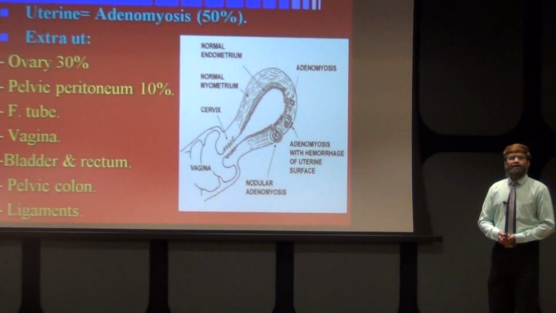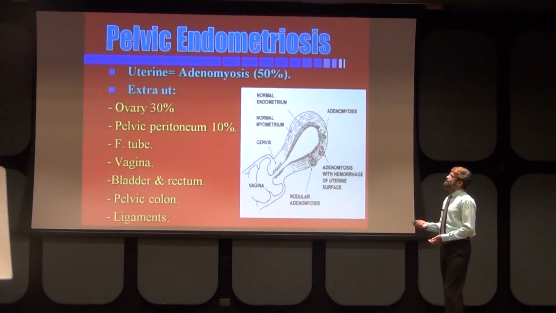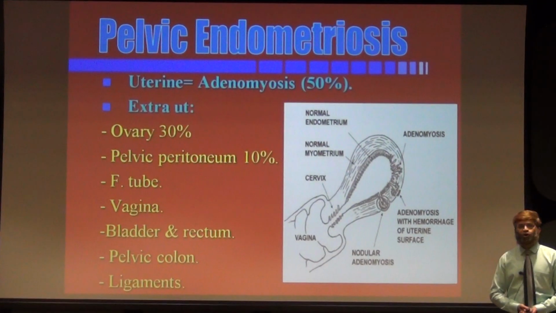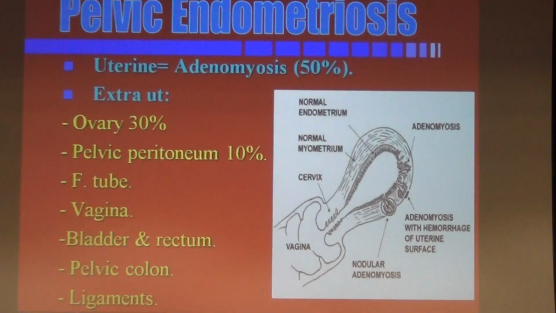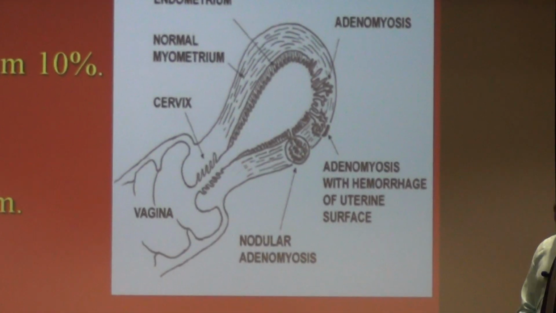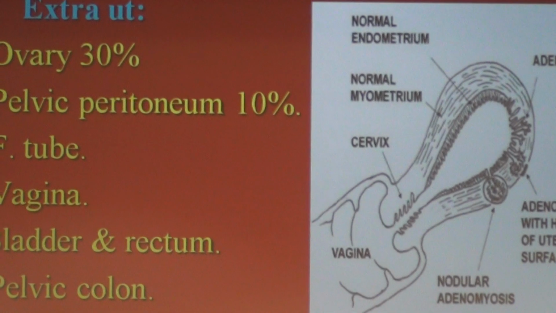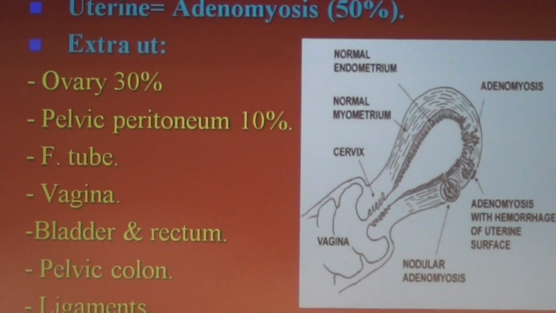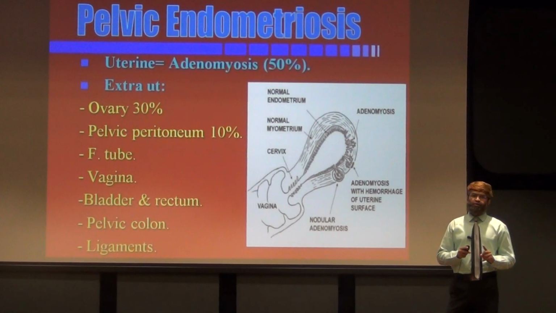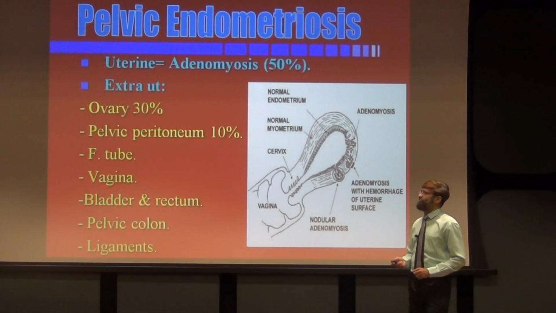Next, if it's endometriosis interna: in pelvic endometriosis, endometriosis interna is called adenomyosis. Now what is adenomyosis? Adenomyosis, as the name suggests, is endometriosis interna in the uterine cavity, but the point to be noted is that it is not associated with the inner lining of the uterus; it's associated with the myometrium.